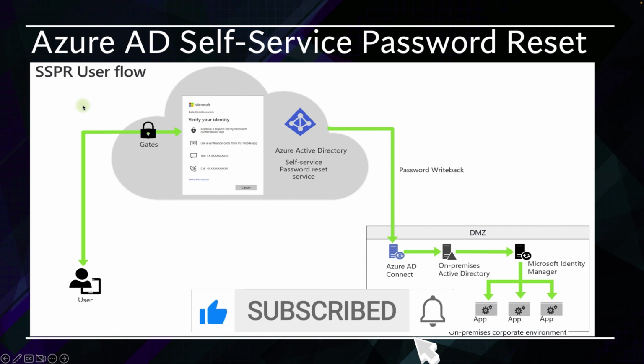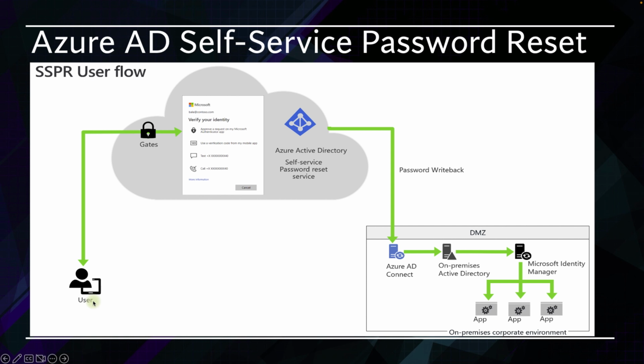This is the self-service password user flow. So your user logs on to your 365 environment, or they log on to a URL to reset their password. When they do that, they're asked to verify their identity.